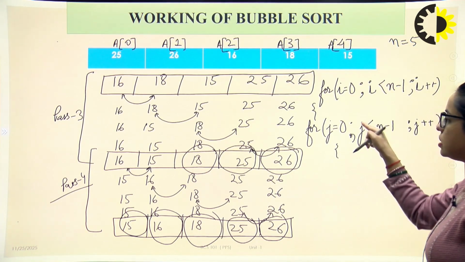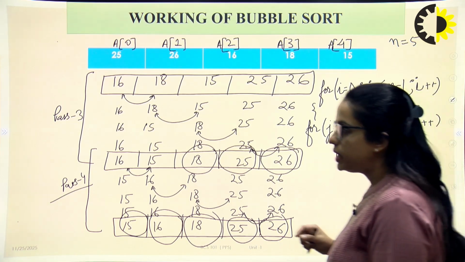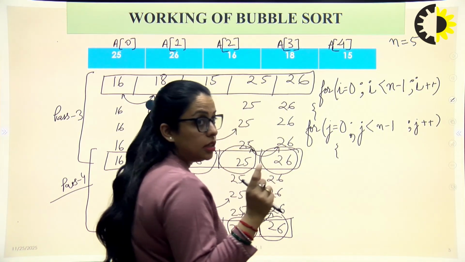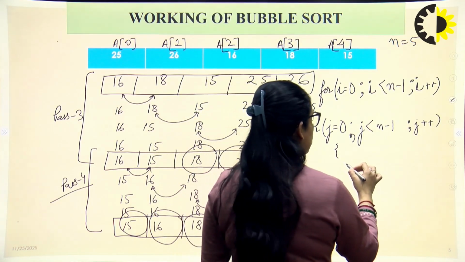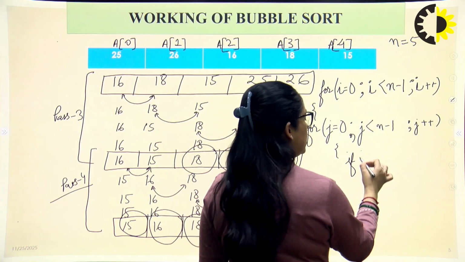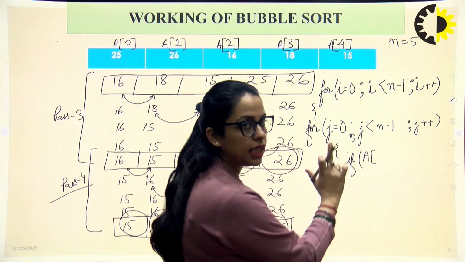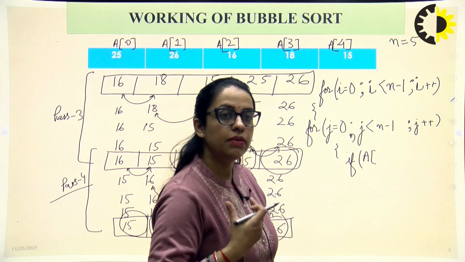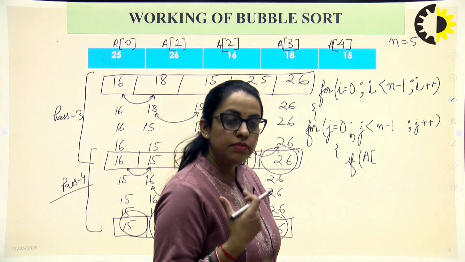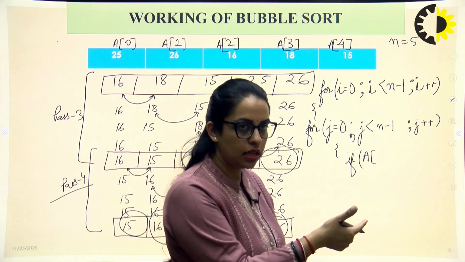And within this nested loop, what am I going to write? I am going to write the logic of comparison. What are we comparing? Suppose we have declared earlier an array named A. For that, I am going to compare the value of A0 to begin with, A0 with A1.